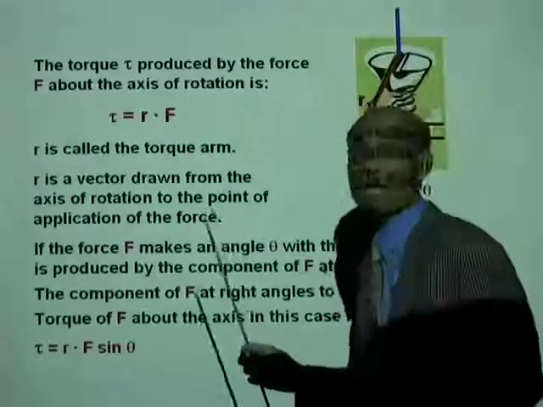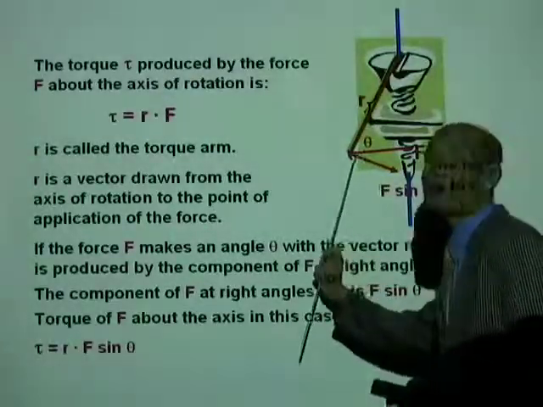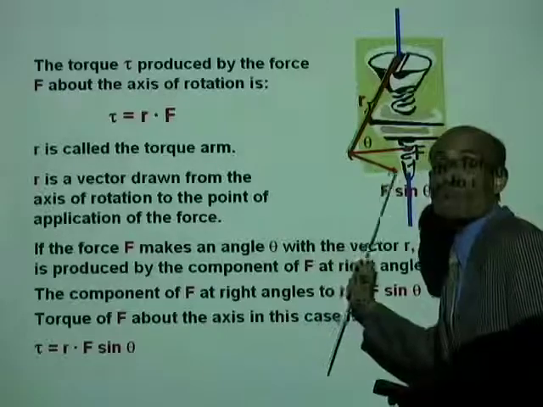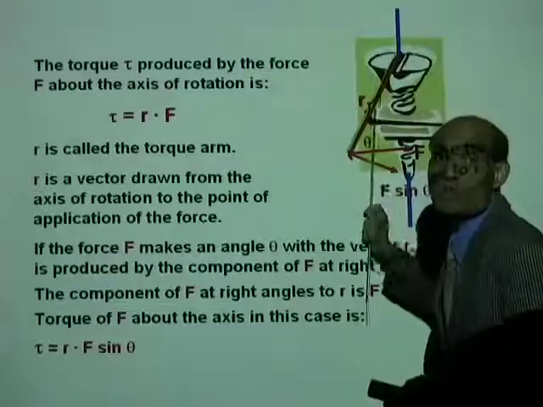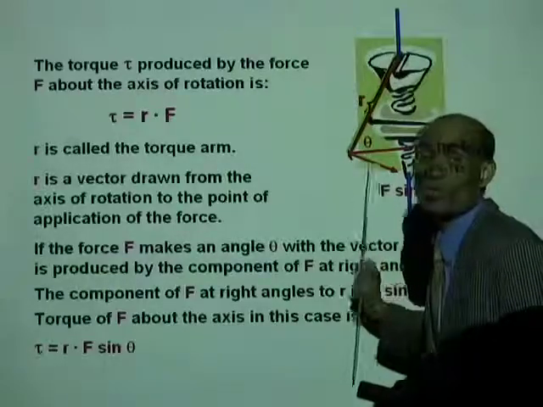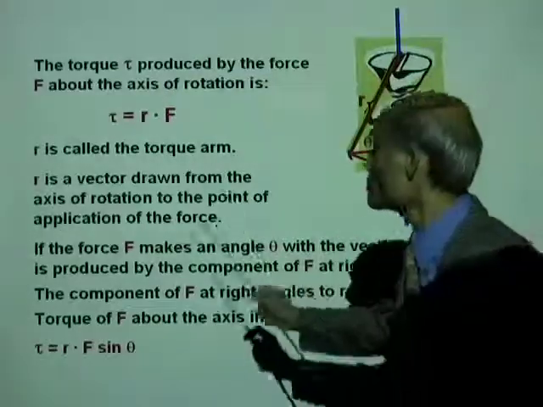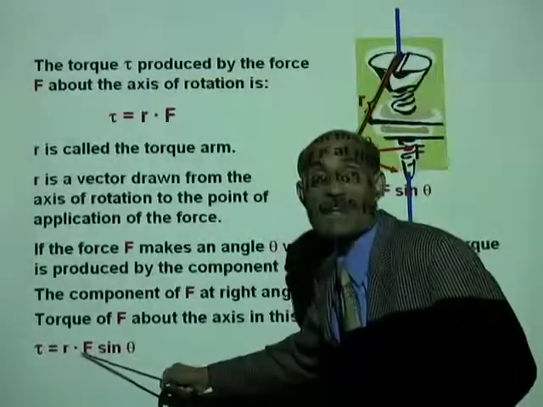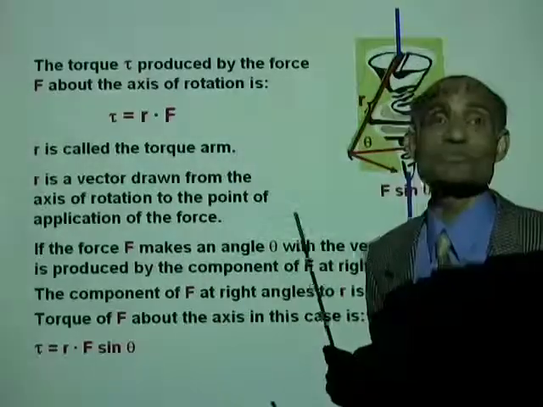So you must understand, torque is measured as the perpendicular component of the force. Perpendicular to what? Perpendicular to the torque arm. The torque of a force is the product of the torque arm and the component of the force at right angles to the torque arm.